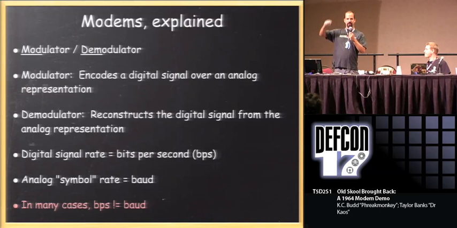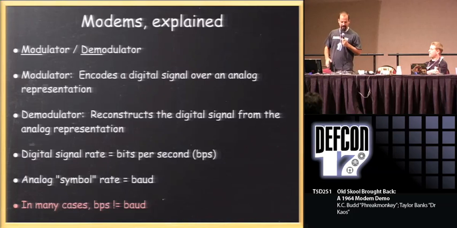They were shifting between two frequencies at 300 baud. Well, they figured out for the next speed they could shift between more than two frequencies to represent more than one bit. And so by doing that 600 times a second, they got 1,200 bits per second of digital data out of it. So what everybody called a 1,200 baud modem is actually 600 baud. They then improved the modulation, and what everybody calls a 2,400 baud modem is also actually 600 baud. So we've been calling modems by the wrong thing ever since the 300 baud standard went to 1,200 baud.